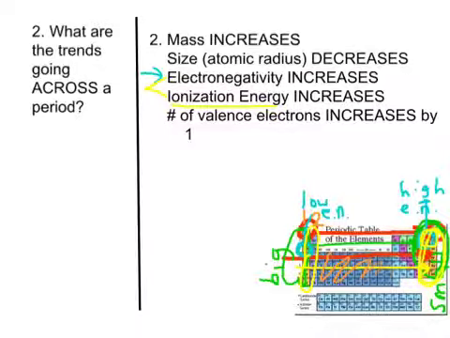We skip the transition metals because that pattern gets screwed up there. The third group has 3, 4, and then so on up until 8. Each time you skip over to the next group, going across the period from left to right, the number of valence electrons is going to increase by 1. Okay, so those are the trends going across.